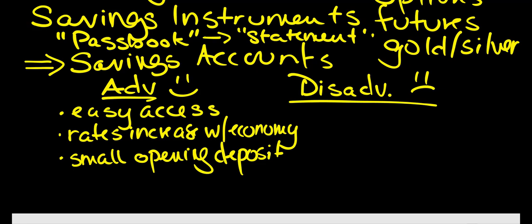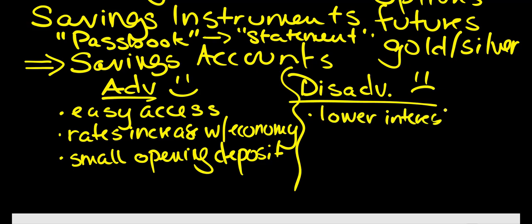Now let's look at the disadvantages. On the downside, the interest rates may be a little bit lower than other options, but that's typically because you have so much flexibility in terms of being able to withdraw whenever you want. But also, what do they say? What goes up must come down. So the rates will also decrease with the economy.